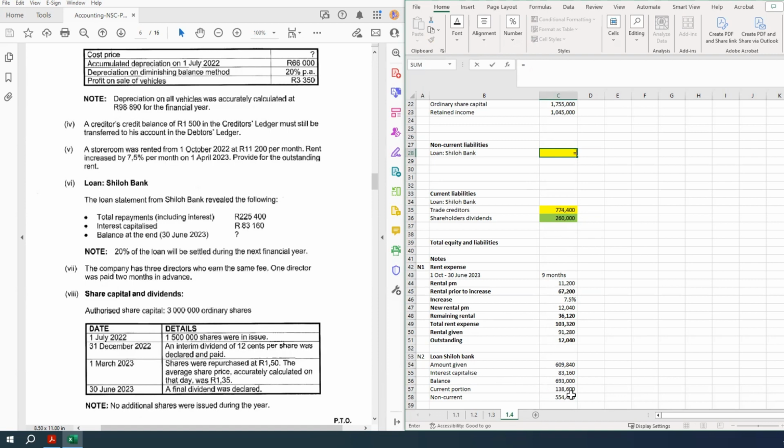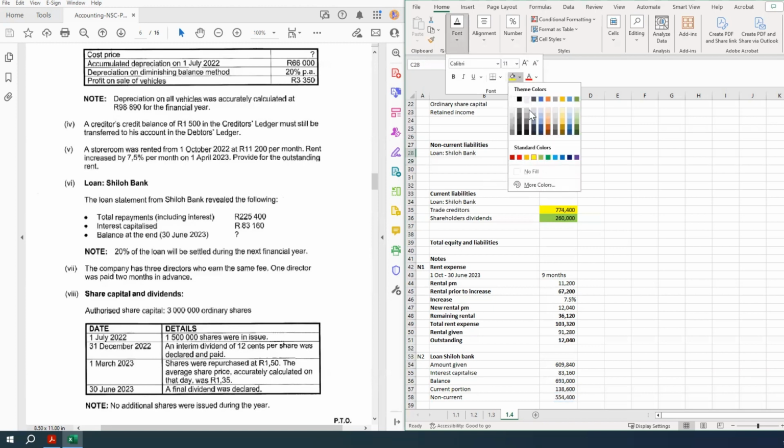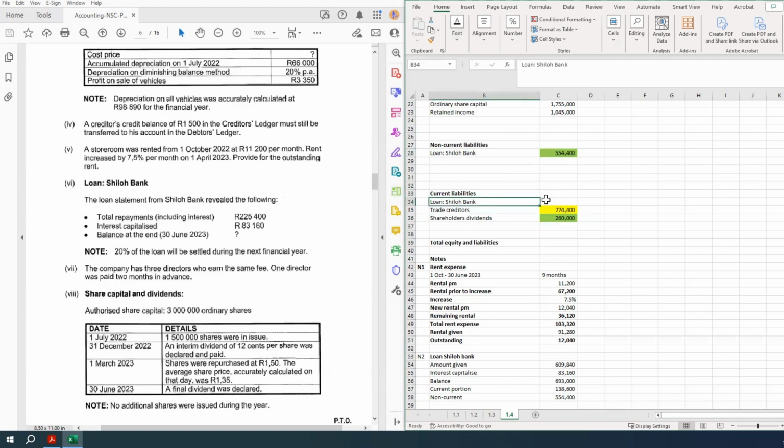I still need to link current, non-current. Let's start with that one. I'll just change it because I've checked this number, so I'm happy with it. And my current portion would then be the 138. I'll also put that in green. So we're done with the loan.